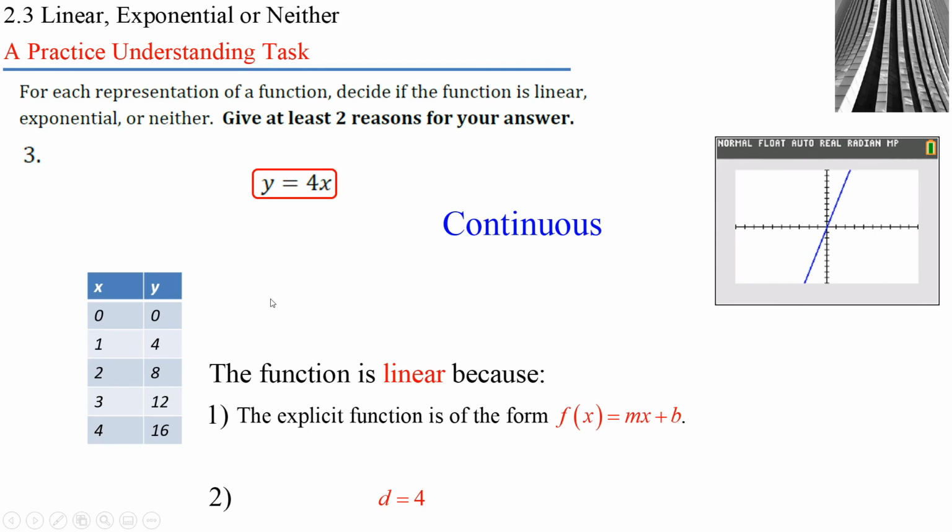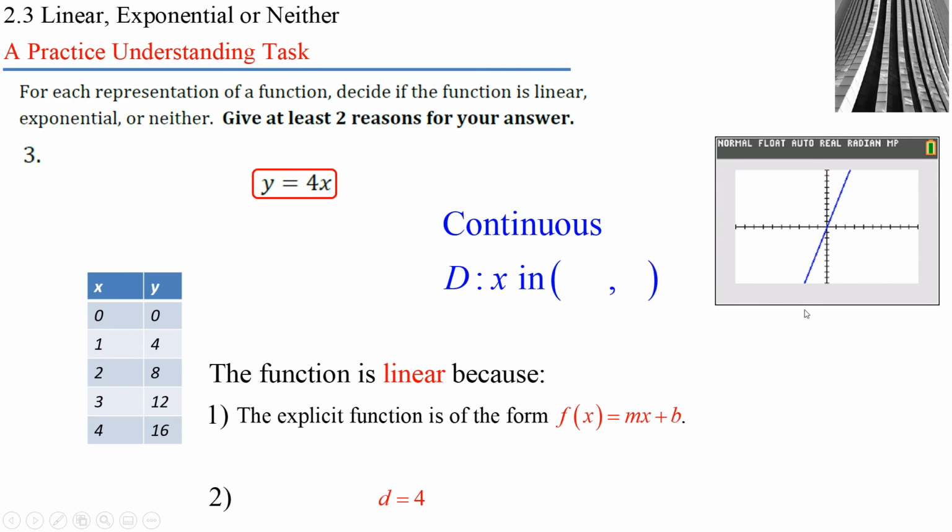If you graph just an explicit function, you're going to graph it as a solid curve rather than a dashed line. Now, what's the domain? Well, since it's continuous, instead of using set notation, we're going to use interval notation. So the domain is all x in, and I'm going to use an open bracket on both sides.